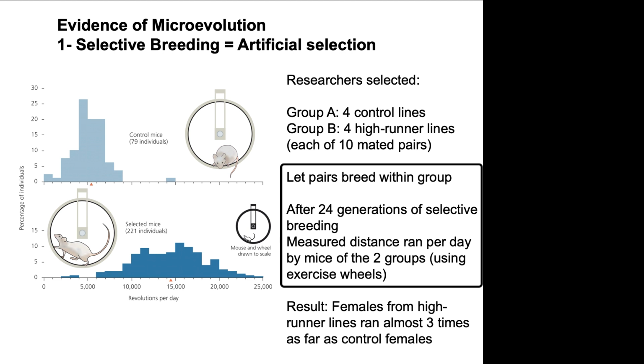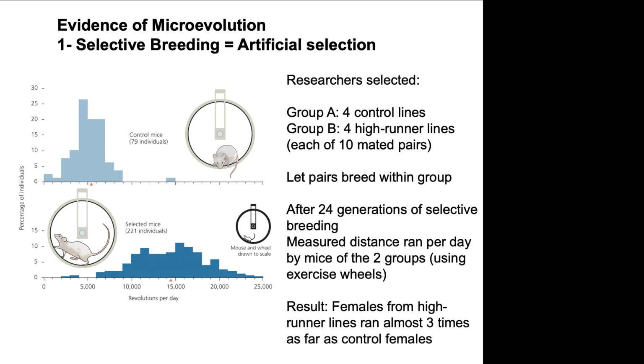That is, they allowed the mice that didn't run as often to breed together, and the ones who ran faster to breed together. And then they measured how much the mice ran after those 24 generations. The result was females from high runner lines ran almost 3 times as far as the control lines that usually ran slower. So it was a heritable trait.